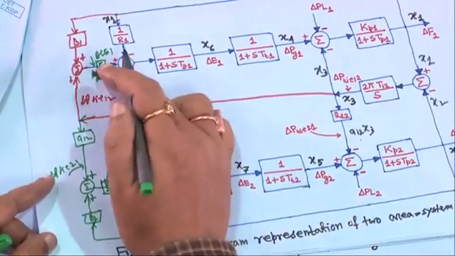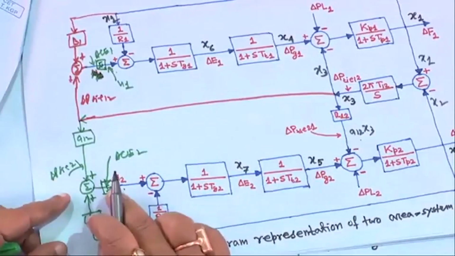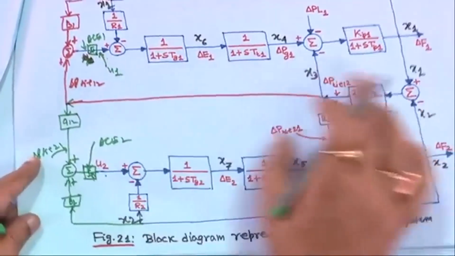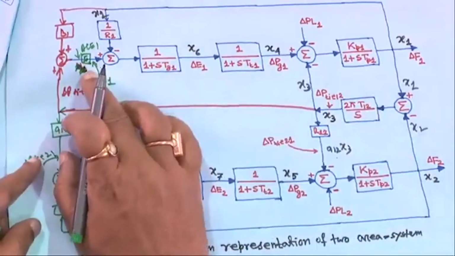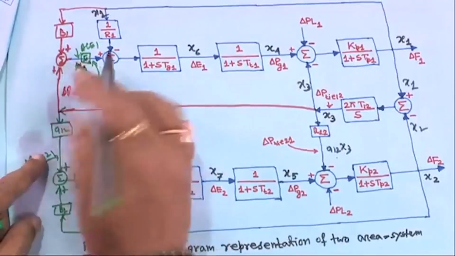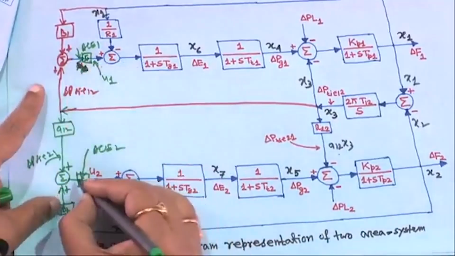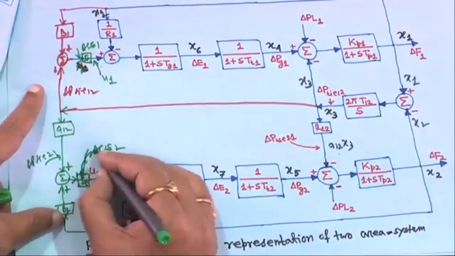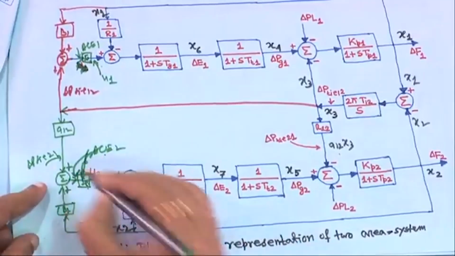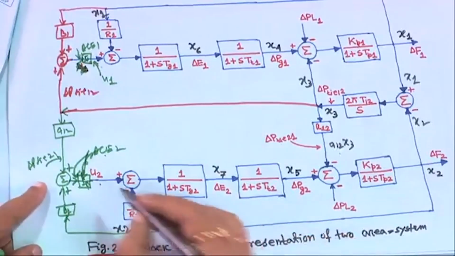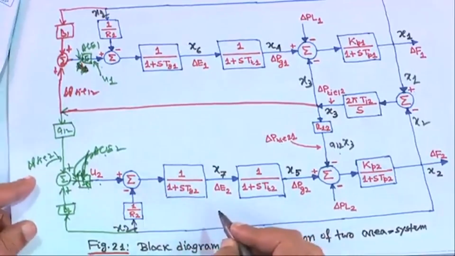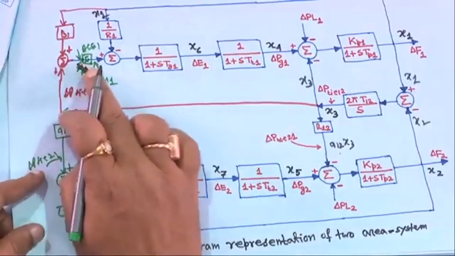So, this is the integral controller, the controller block. Because of space limitation, I could not put minus Ki1 upon S here. The input to this controller is AC2, and the input to this other controller is AC1.